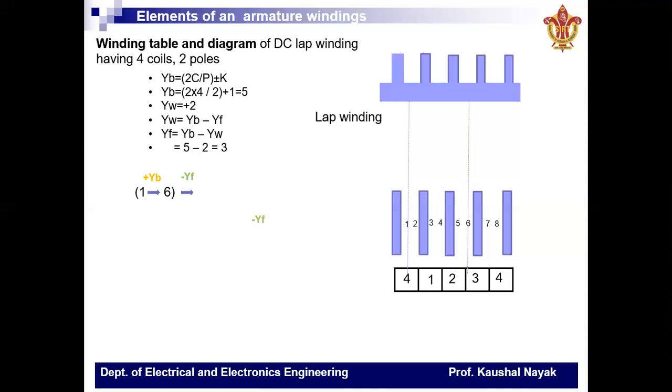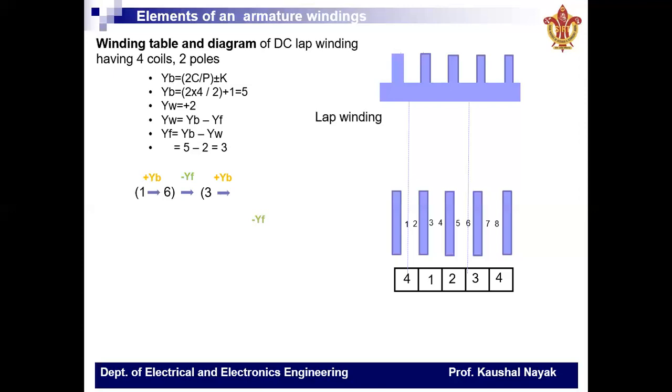By subtracting the front pitch from the previous coil side, we can get the top coil side of the second coil. By utilizing these two quantities, back pitch and front pitch, that is, by the addition of back pitch to the top coil side and subtraction of front pitch from the bottom coil side, a winding table is generated.